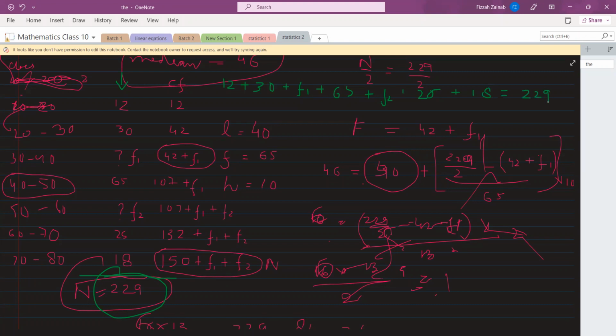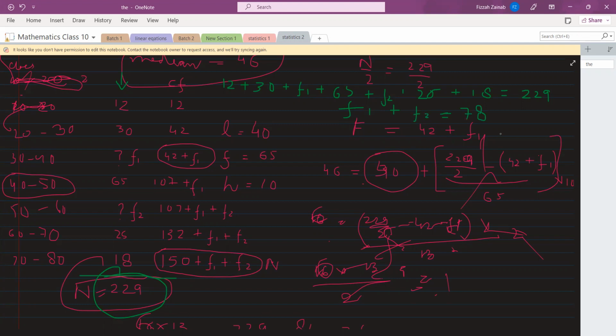Yes, ma'am. So from here also you can get your F1 plus F2. If you add all the numbers and take them to the right hand side, you will get F1 plus F2 will be equal to 79, right? After solving it, in this equation also, you can put the value of F1, which you have already found, and then you will get F2.